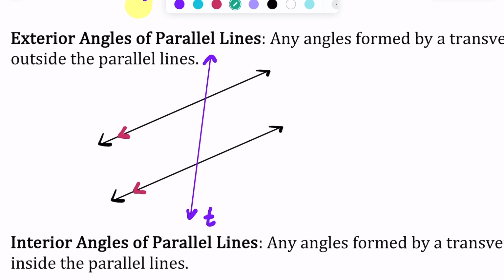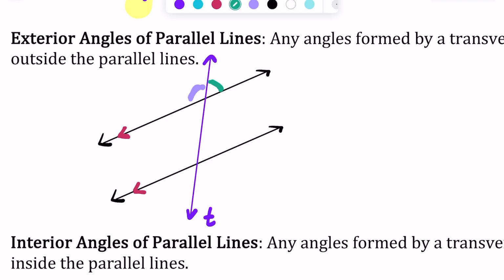In this particular example, we're talking about exterior angles. Exterior angles are going to be the angles that are outside of my sandwich. So they're going to be above or below those buns. So this angle here is an exterior angle of parallel lines. Same with this one next to it.